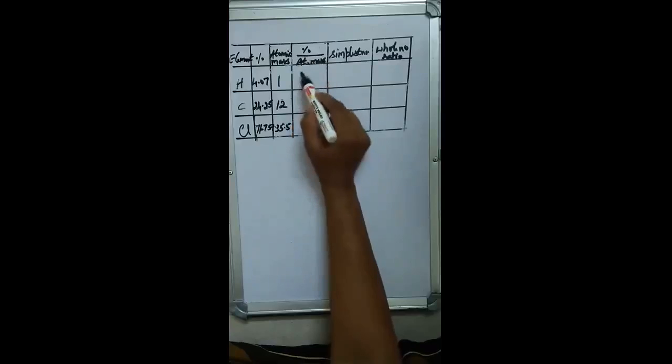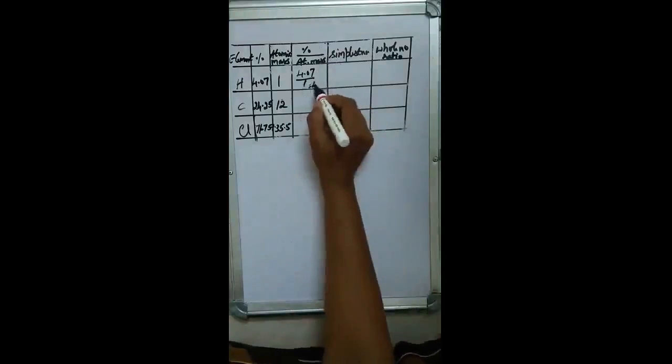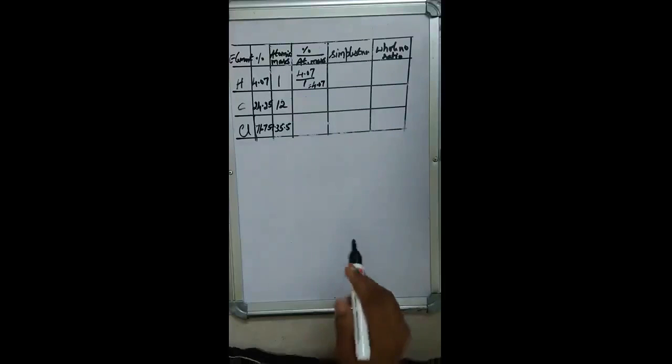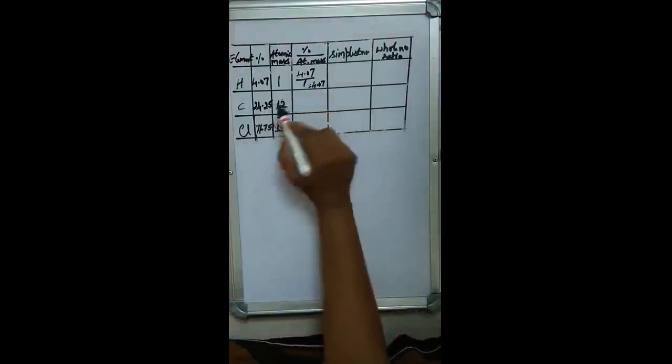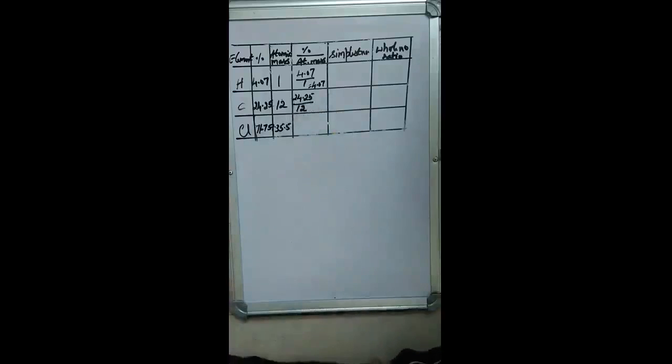Percentage divided by atomic mass. So 4.07 divided by 1. What is the answer you will get? Of course, your answer is 4.07. Now next, the percentage of carbon is given as 24.25. What is the atomic mass of carbon? It is 12. So what is the answer you will get?